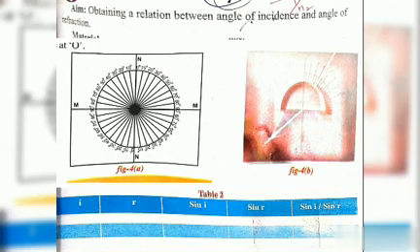Sine I is sine 15, and sine R is the sine of the measured angle of refraction. We should note those values.